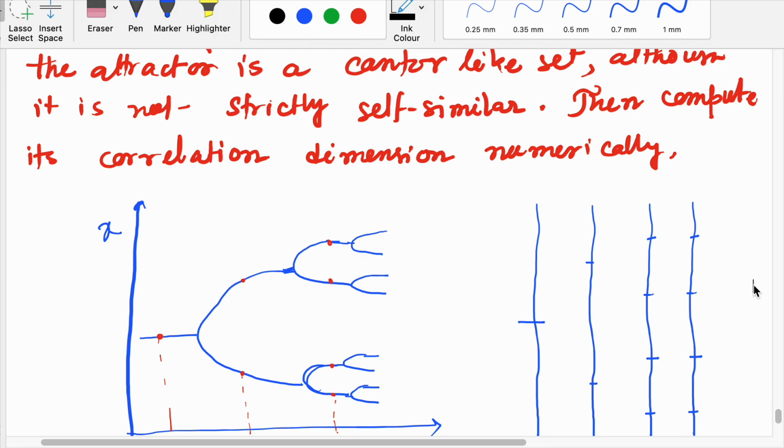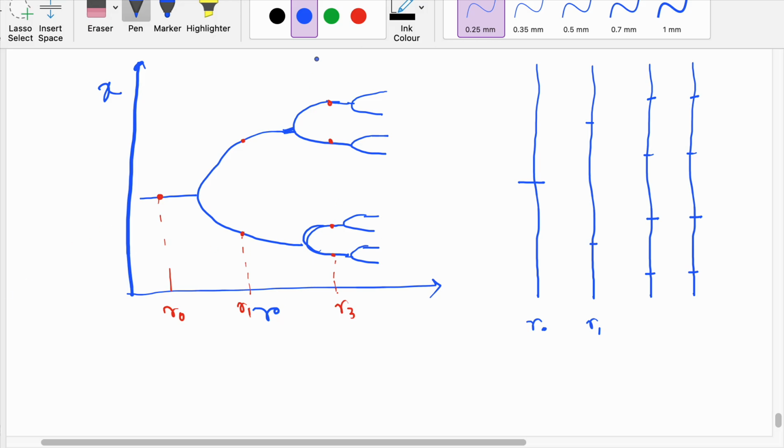Now the same thing continues. This is r2, and now this will be r3.